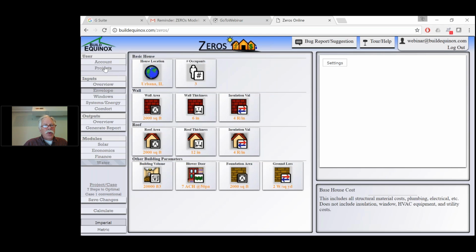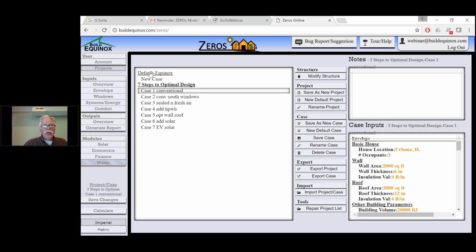For example, this projects screen shows the different files that I have. Right now I just have kind of a base case file that you'll get with Zeros. Plus, if you import the CSV file, it will add a project. And with the project, it will load these different cases. The conventional with all south, no south wall, but all windows on the south, and then sealing it, and then a heat pump water heater, optimal insulation, and then adding solar.